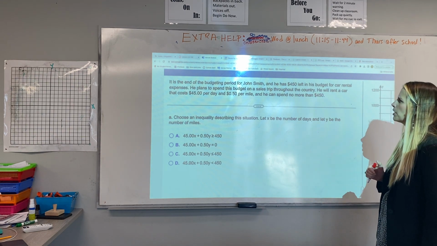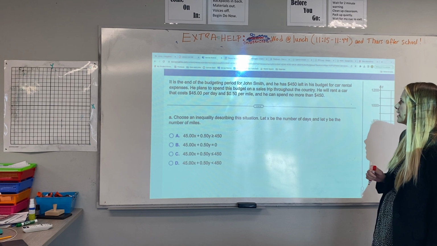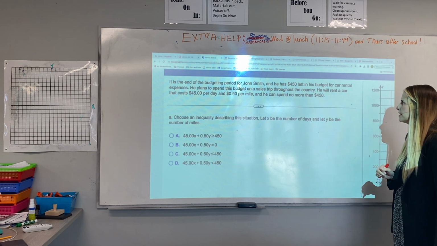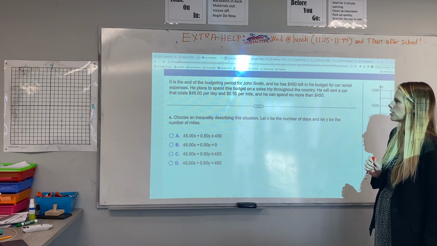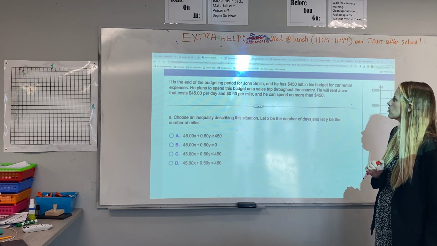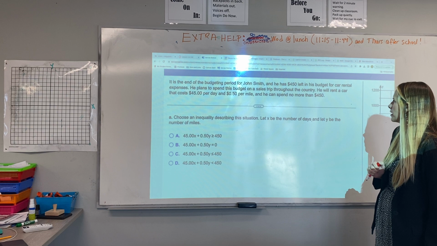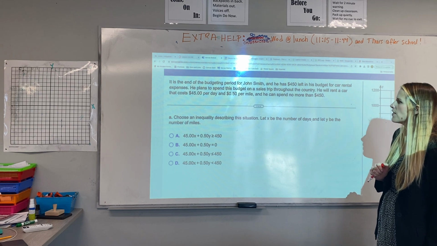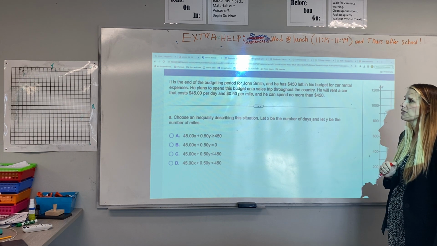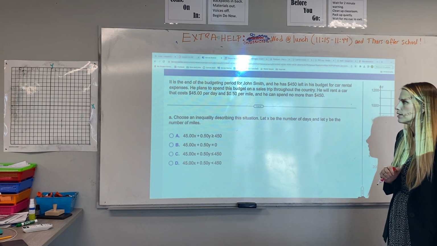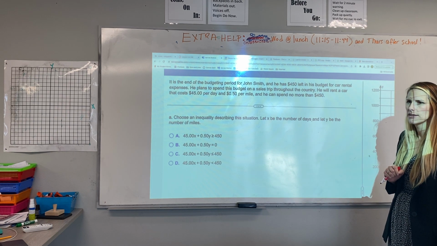It is the end of the budgeting period for John Smith, and he has $450 left in his budget for car rental expenses. He plans to spend this budget on a sales trip throughout the country. He will rent a car that costs $45 per day and 50 cents per mile. So what's our variable in that word problem?